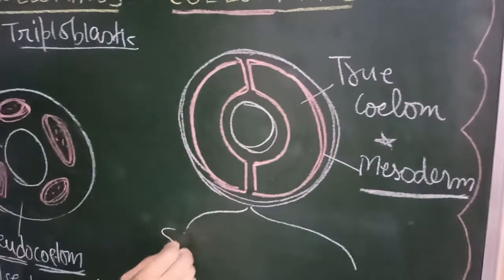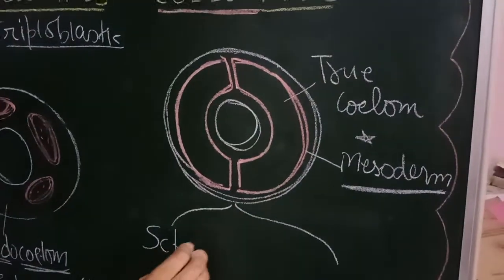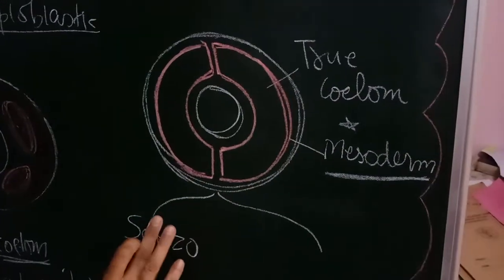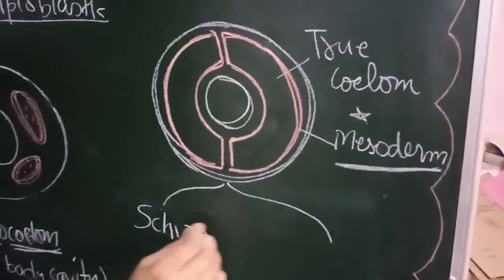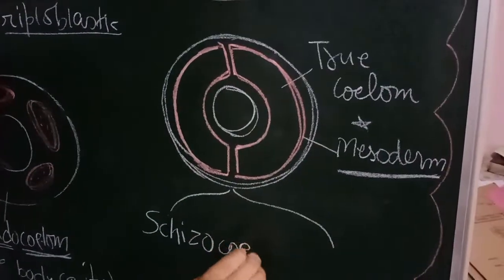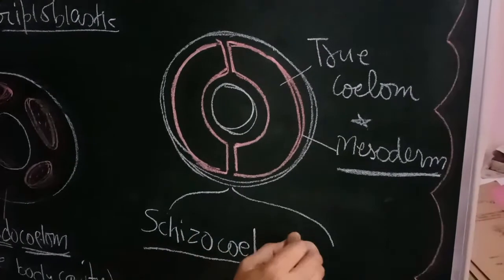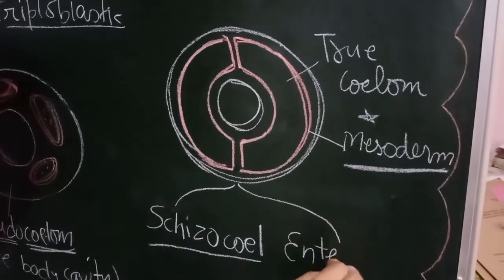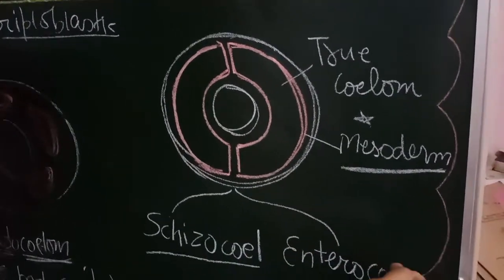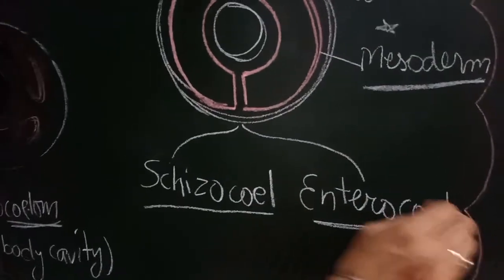One is the schizocele, S-C-H-I-Z-O, mode of development, and the other is called enterocele mode of development.